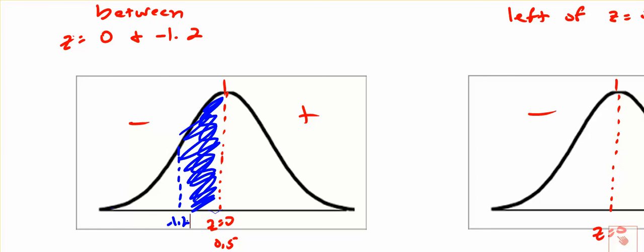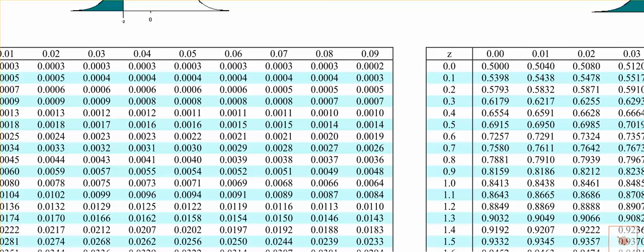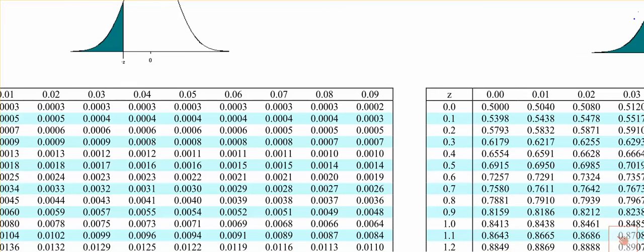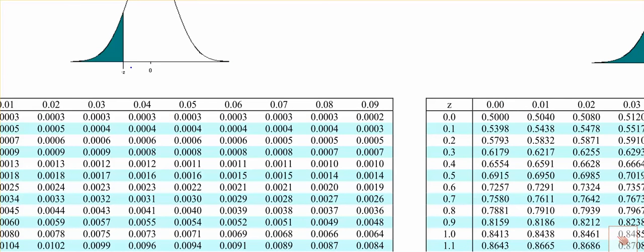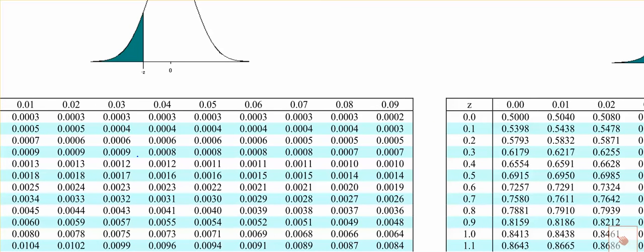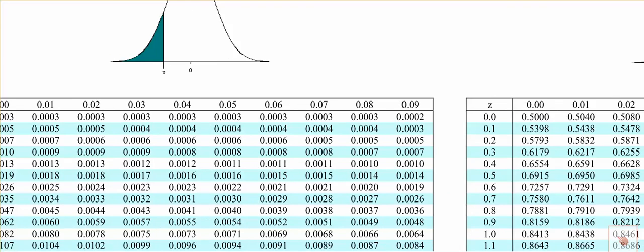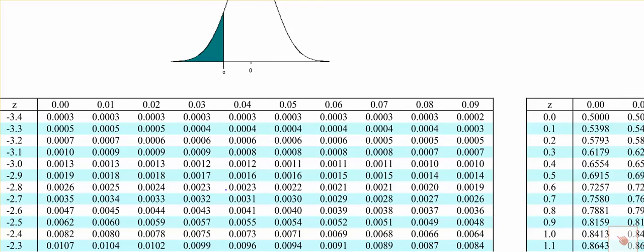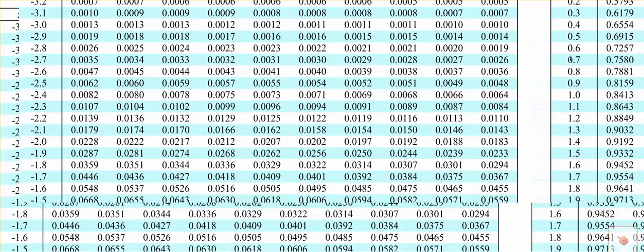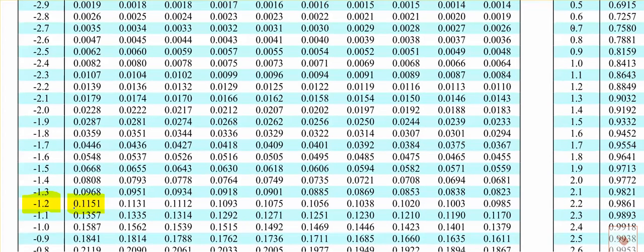So we'll go to our table, find negative 1.2 on the table. Now the table measures the area from the left to that z-score. However, we want to know the area in between that particular z-score, negative 1.2, and 0. Let's find the area between the left end and the z-score. So negative 1.2 has the area of 0.1151.